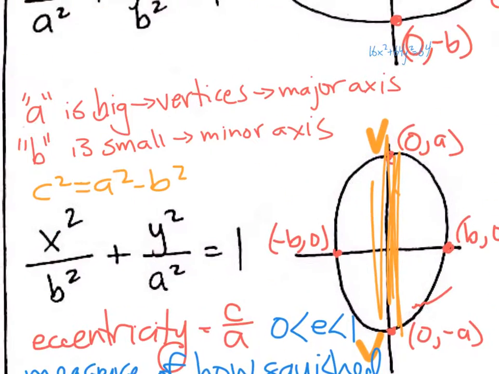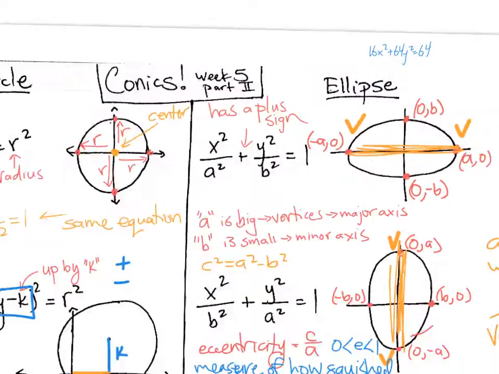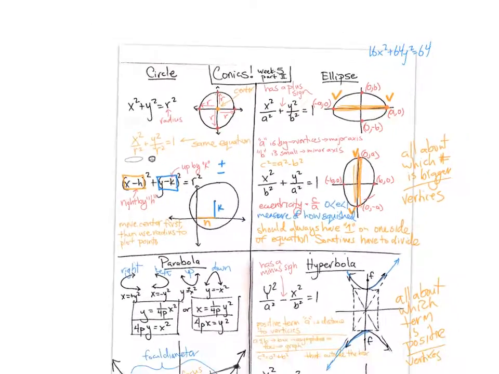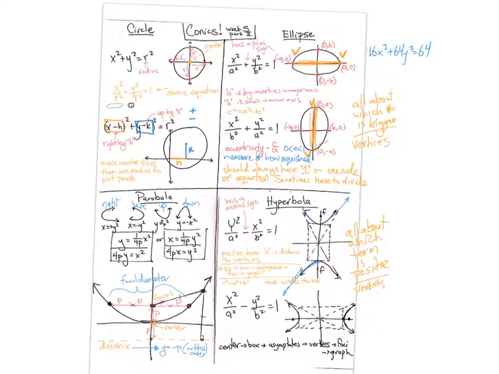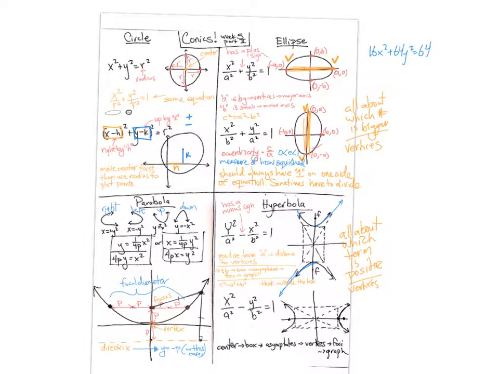And for the ellipse, it has a positive sign, plus. All right, so this is all the information you need for all of those shapes. We're going to do some practice with graphing and going from the graph to the equation, but look at all that beautiful stuff. Okay, thanks for listening.